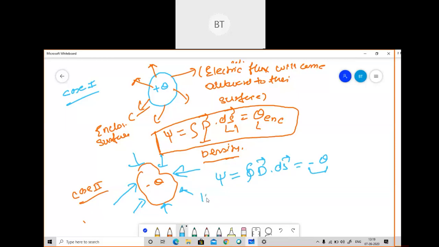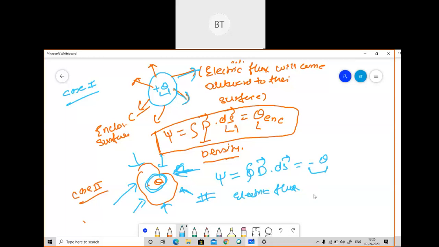From that, one statement will be there for assertion and reason: if flux is leaving the enclosed surface, this is the case I am talking about, then the charge is positive, and if electric flux is entering into the surface, then the charge inside will be negative.